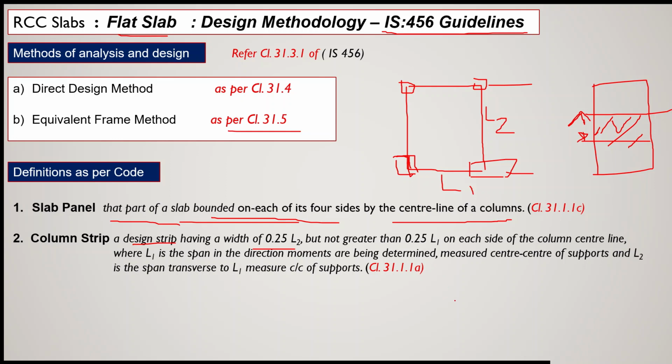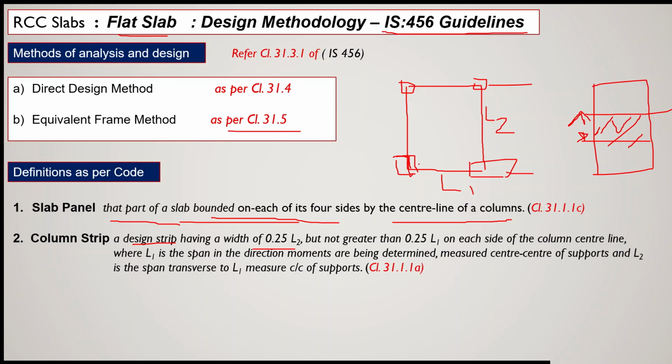Now another point you have to be clear about without any doubt is that a flat slab is an extended type of two-way slab. That means we have to calculate bending moment along both the spans. So column strip, let me explain more clearly. A design strip having a width of 0.25 L2 but not greater than 0.25 L1 on each side of the column center line.